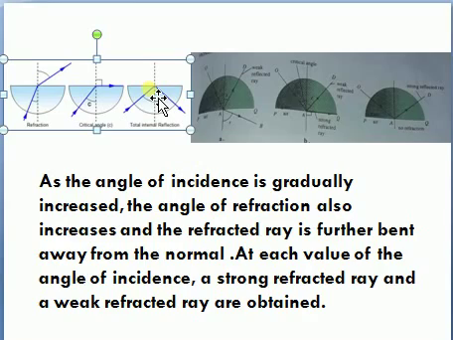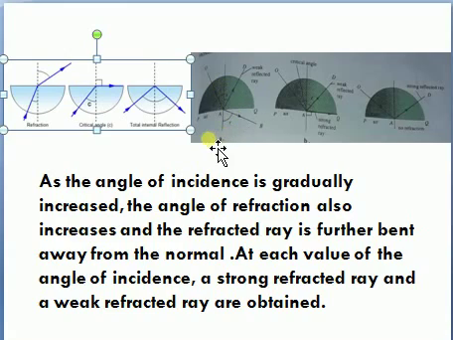Let's look at it. The incident ray is also in the glass, the semicircular glass. Look at the incident ray PO. On getting to this interface, PO, the incident ray is PA.